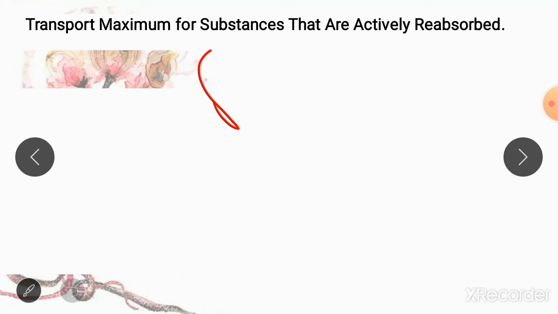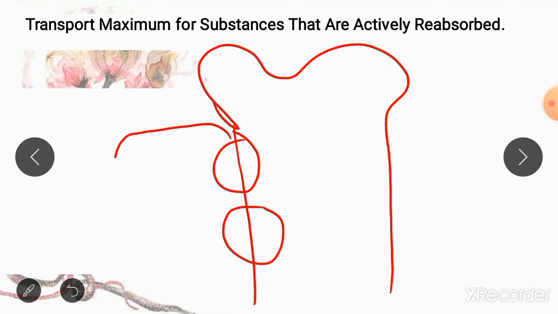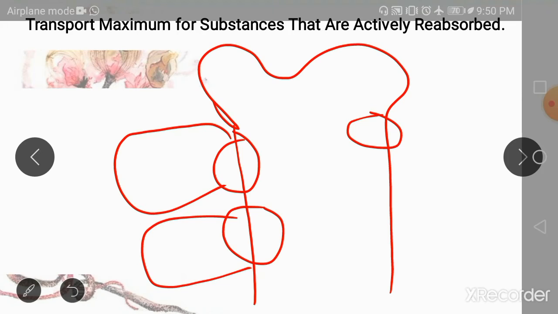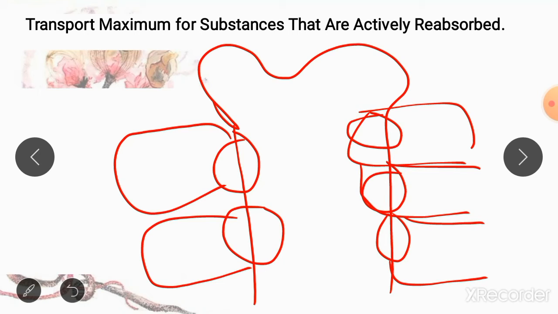Suppose this is your Bowman's capsule, and within the walls you have specific carrier proteins which are present at the luminal surface of the cells. So you have them present over here and on both sides, and they are responsible to transport a certain type of substance from the lumen into the cell and into the interstitium.